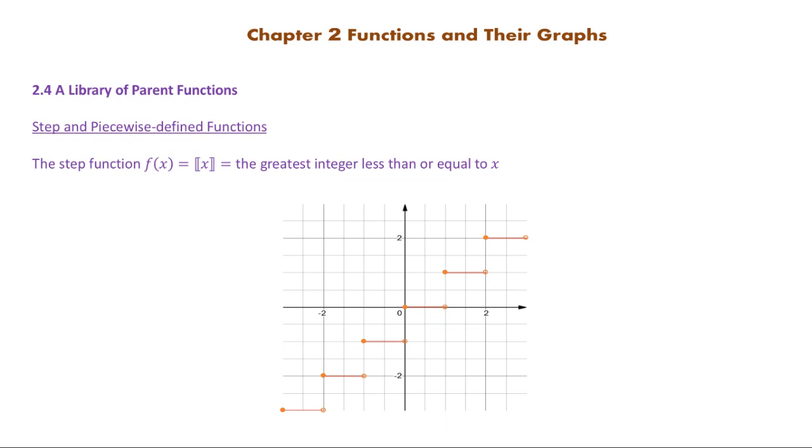This time the function has many pieces. It's not just 2 or 3 pieces. It has infinitely many pieces. And each piece just covers one unit on the x-axis. If you plot the graph of the function, it's like a step, like a stage or whatever.